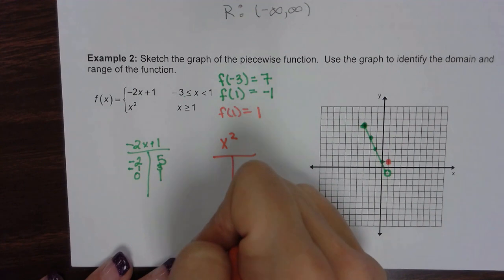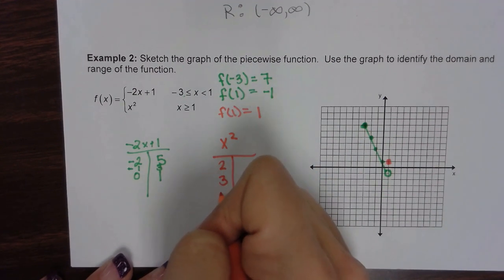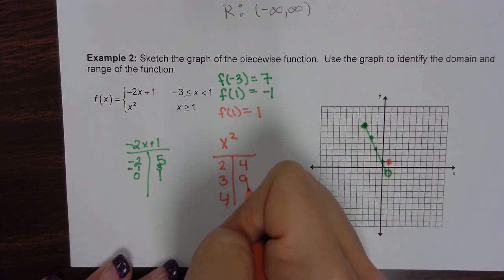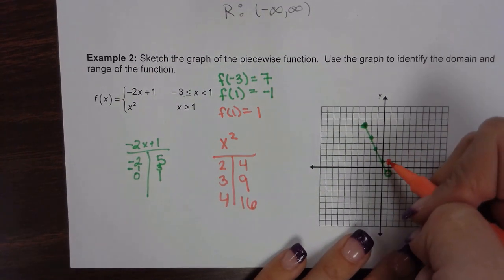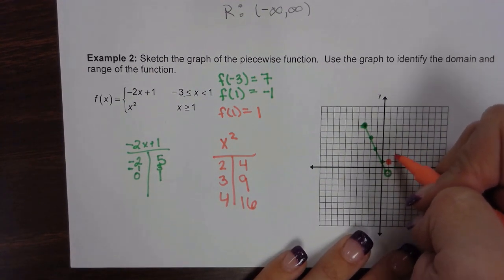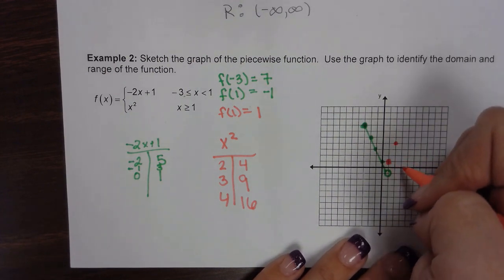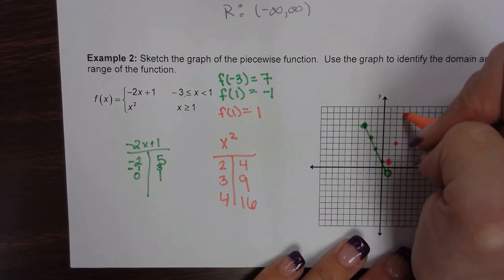So I'll do a couple points there. We already did 1, so 2, 3, and 4. 2 squared is 4. 3 squared is 9. 4 squared is 16. Alright, so at 2, we're at 1, 2, 3, 4. At 3, we're at 9: 5, 6, 7, 8, 9.